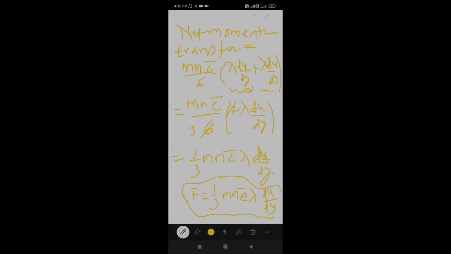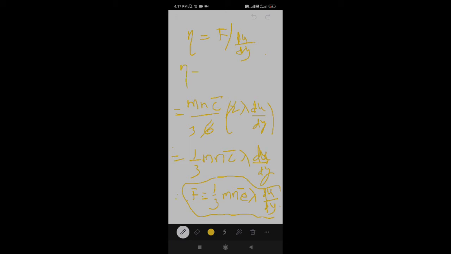Now you can easily calculate the coefficient of viscosity, because you know the general formula for it. Eta is equal to tangential force by velocity gradient, that means du by dy. Now you divide this F by du by dy in order to get eta.